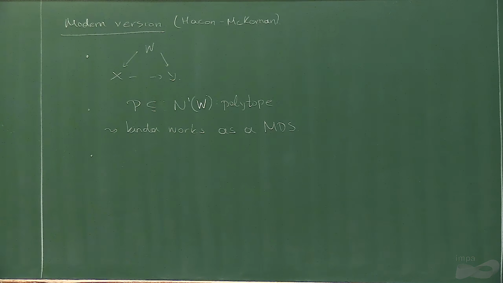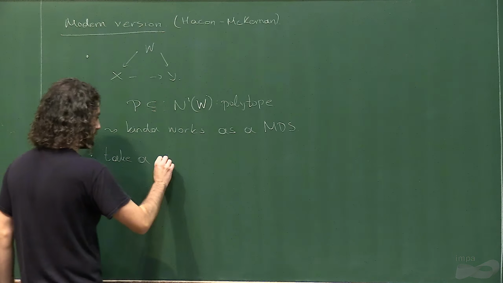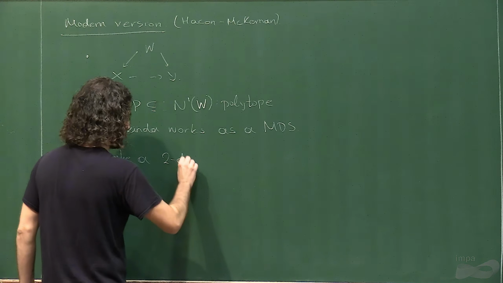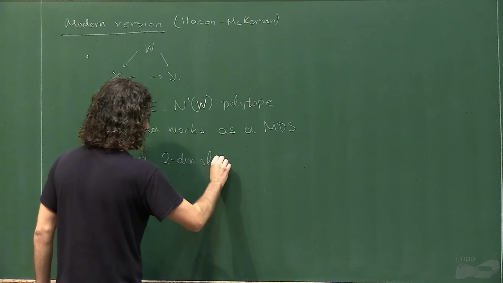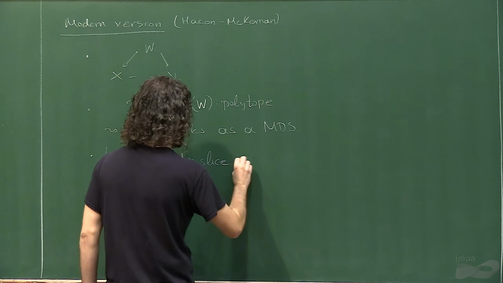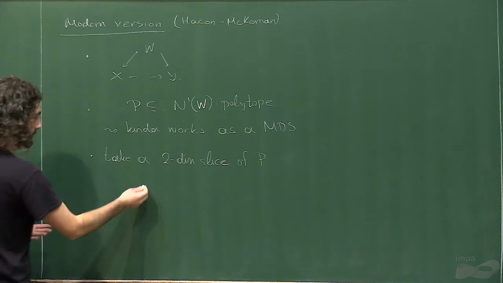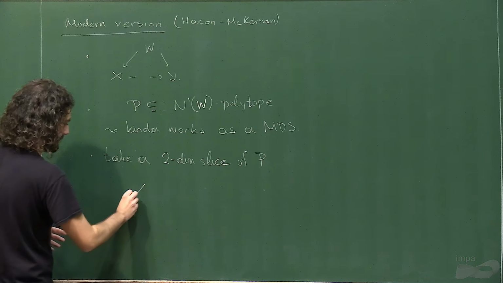So now you take a two-dimensional slice, a general one at least. And then what you see is a polytope in dimension 2.